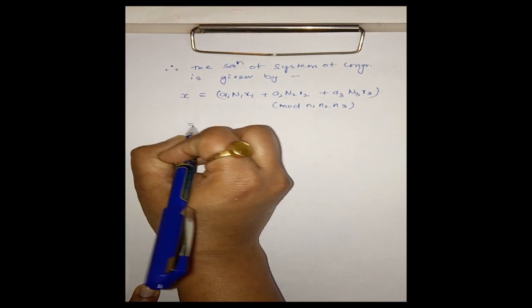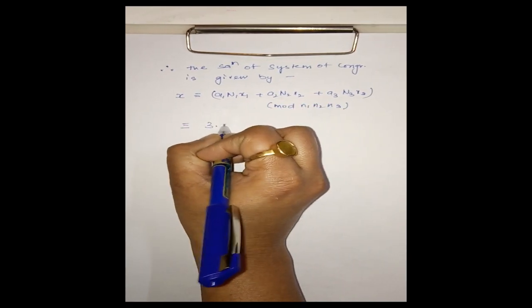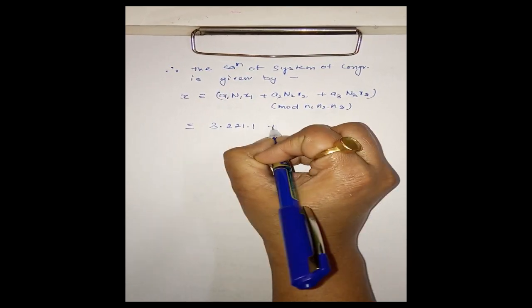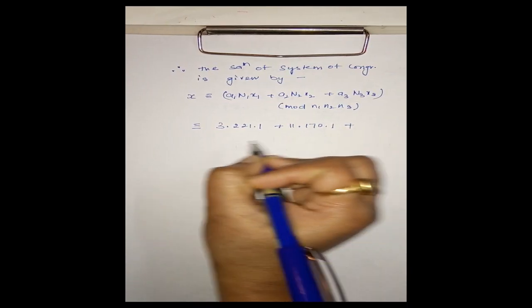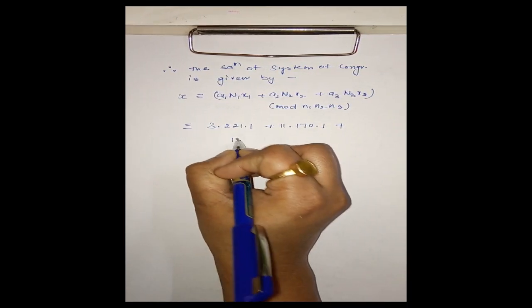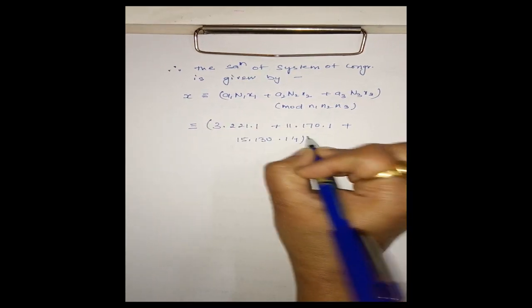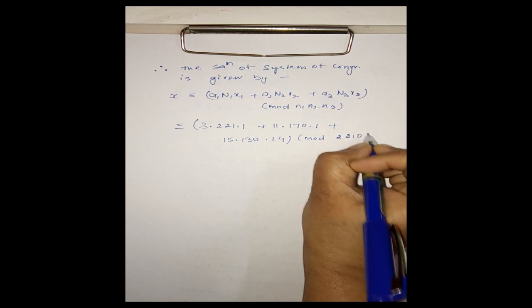Substituting these values, this is 3 into 221 into 1 plus 11 into 170 into 1 plus 15 into 130 into 14 modulo 2210.